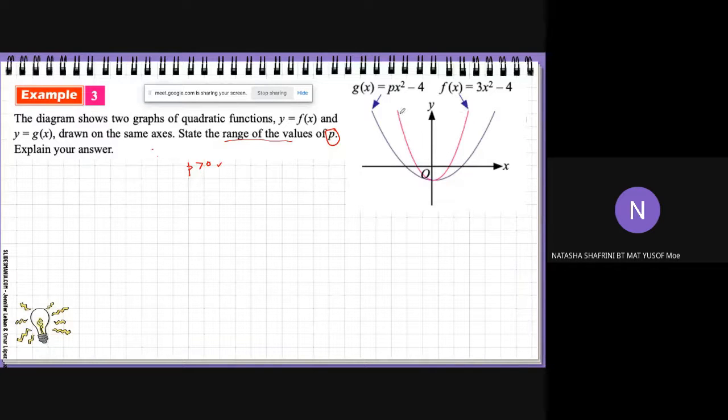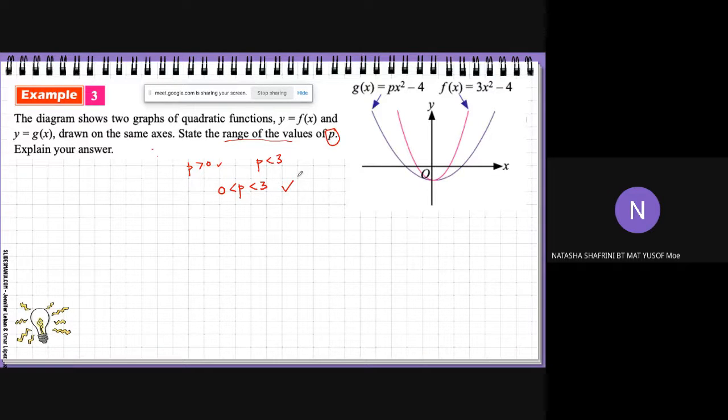So bagi tahu cikgu apa dia punya range value of a ni. Ya, betul. P lebih besar daripada 0 dalam masa yang sama, P less than 3. Okay, so ini jawapan dia.